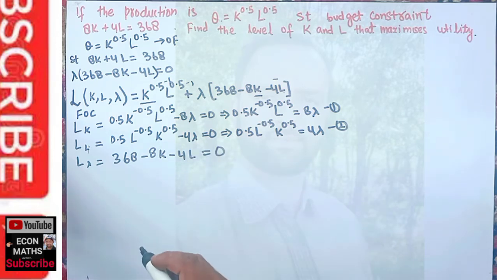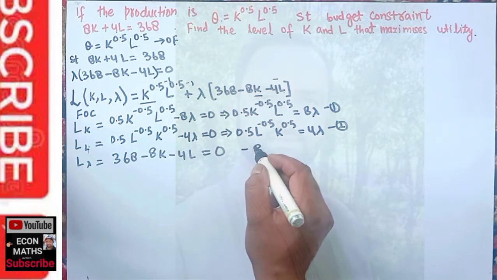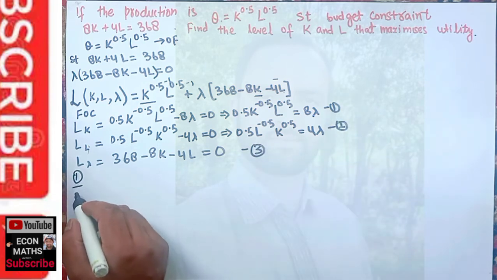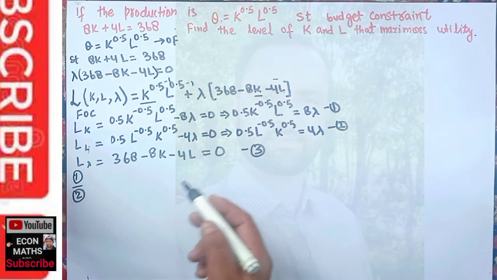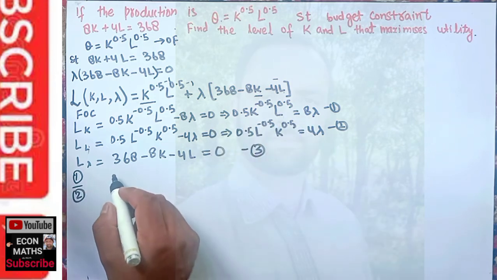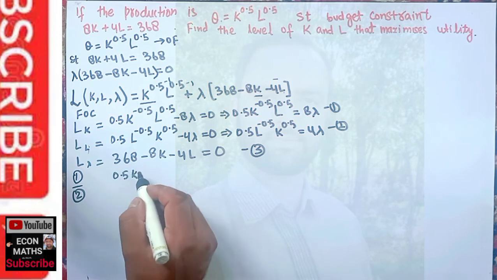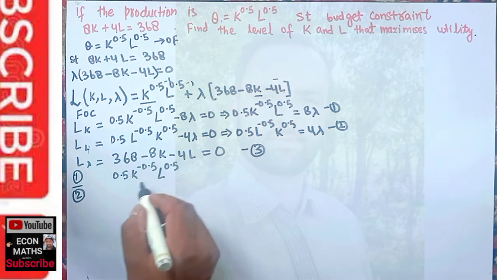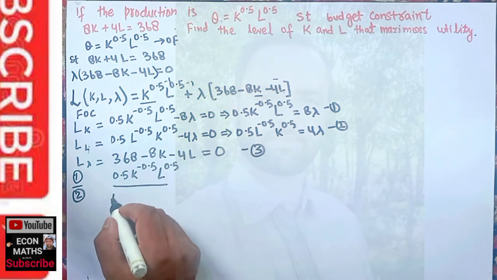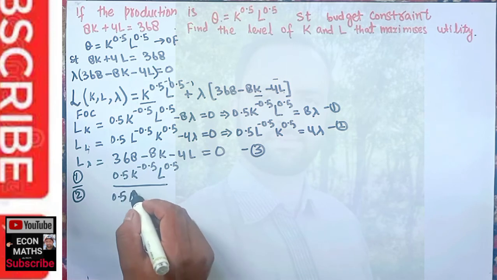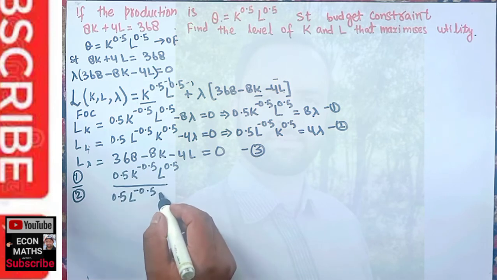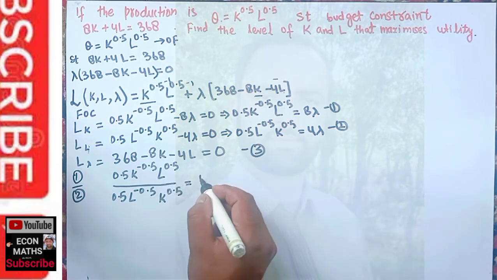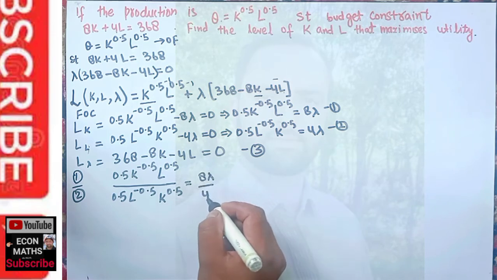Okay, now what will we do? Let this be equation third. We divide equation first by equation second, that means dividing equation first by second implies 0.5 k to the power minus 0.5 L to the power 0.5, divided by 0.5 L to the power minus 0.5 and k to the power 0.5, which implies we have 8 lambda divided by 4 lambda.